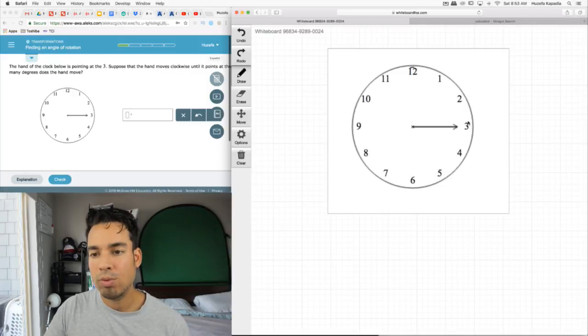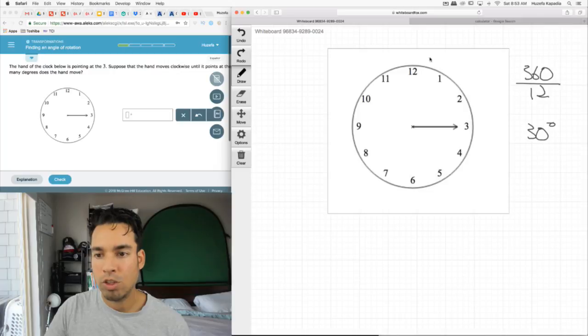So now we've got, again, 360 all the way around, split up into 12 slots, right? 1, 2, 3, 4, 5, 6, 7, 8, 9, 10, 11, 12. So 360 divided by 12 is 30 degrees. So each one of these is 30 degrees.